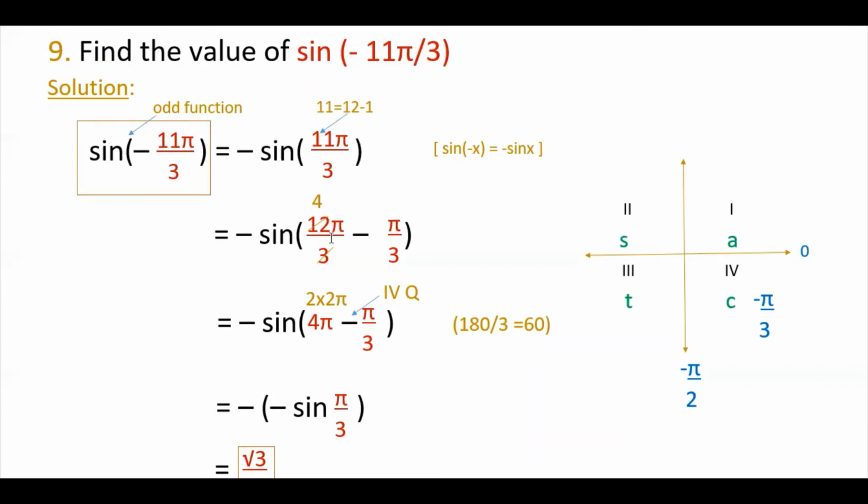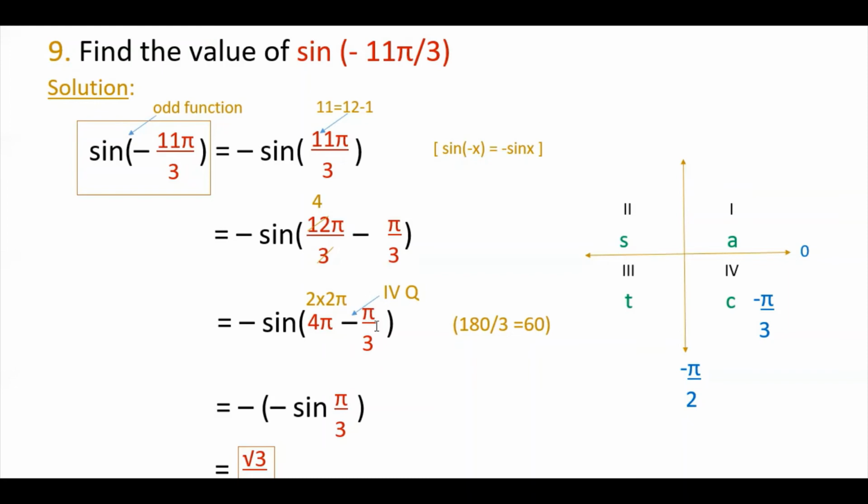That means 12π by 3 minus pi by 3. And 3 fours are 12, so 4π minus pi by 3. Here 4π is 2 into 2π, so it takes 2 revolutions, and put the minus sign: minus sine of 2 revolutions minus pi by 3.